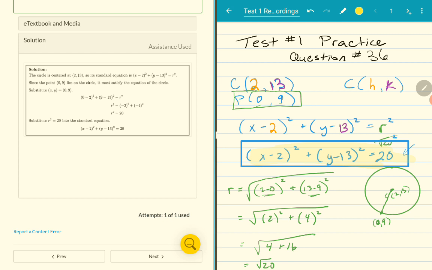You can see their solution, actually they used a different process than I did. I did the distance formula between the center and the point on the circle, whereas they plugged in the x and y from the point and solved for the missing variable of r squared. Either way gets us the same answer.